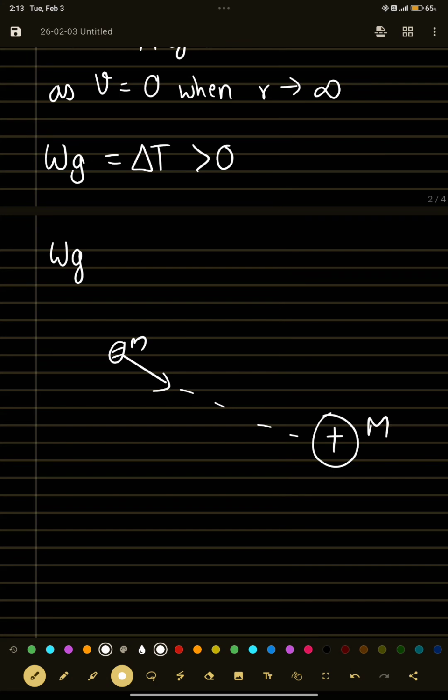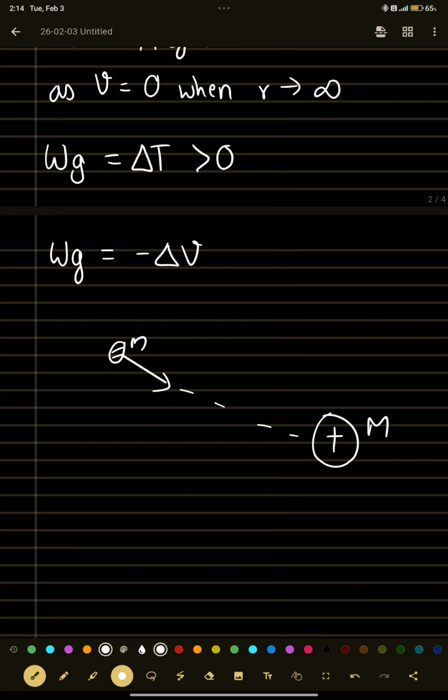So this is a positive work done. And you can express this as the negative of the change in potential energy. That is true for any conservative force: work done by a conservative force can be expressed as the negative of the change in potential energy due to that force. This is how you define potential energy for conservative forces.